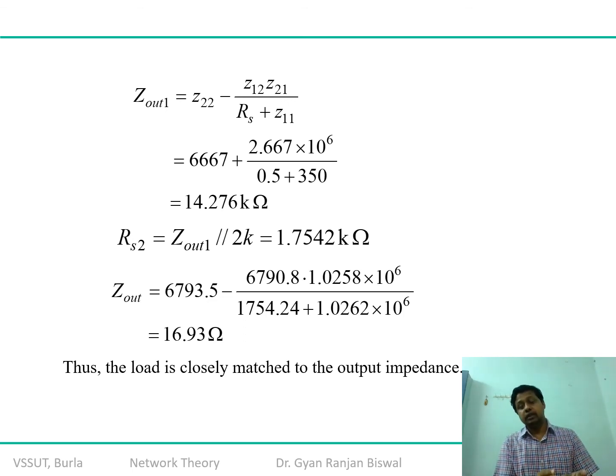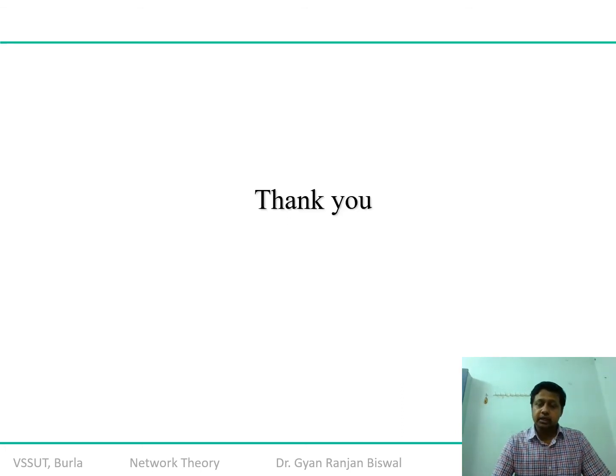With the help of impedance matching and impedance parameter analysis, we get the impedance parameters z11, z22, z21 and z12 of stage 2 in such a way that, if you substitute these values, the output impedance Zout of the final stage is 16.93 ohm. So you can say that the load is closely matched with the output impedance. The output impedance property is satisfied.